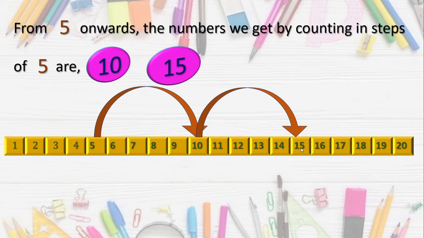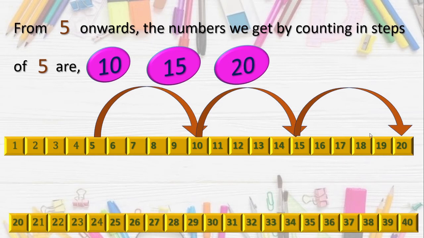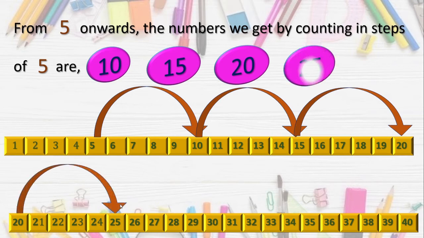Then from 15 we will jump to 20 because we are following steps of 5, isn't it? Here 3 numbers we got, some more numbers we need. Yes, here 20, so again I will count from 20. From 20 to, come on tell me, 25. Very good. This is our next step and from 25 we will reach, yes, 30 in the next step because we are following steps of 5.